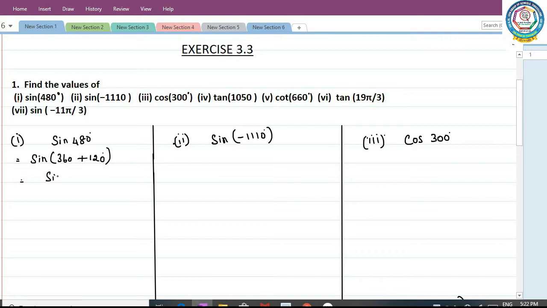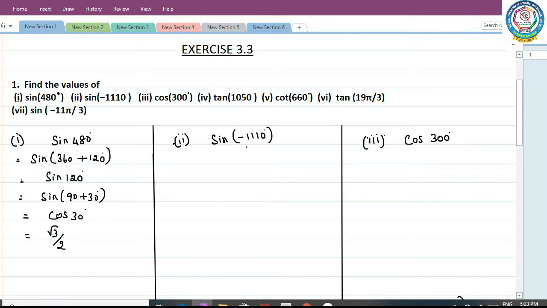Therefore, sine 120. Again I am going to split it as sine of 90 plus 30. We know the complementary angle, sine 90 plus theta is cos theta, so that is equal to cos 30 degree. What is the value of cos 30 degree? That is equal to root 3 by 2.